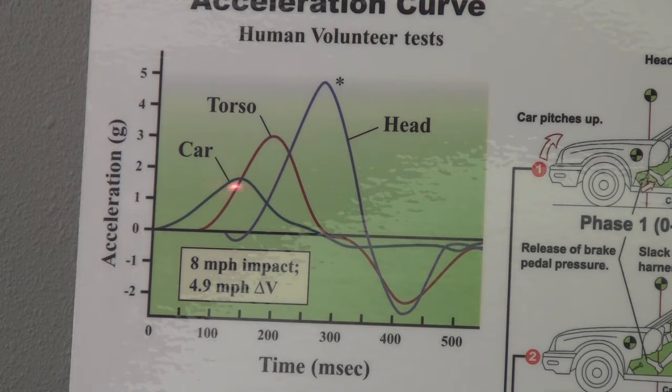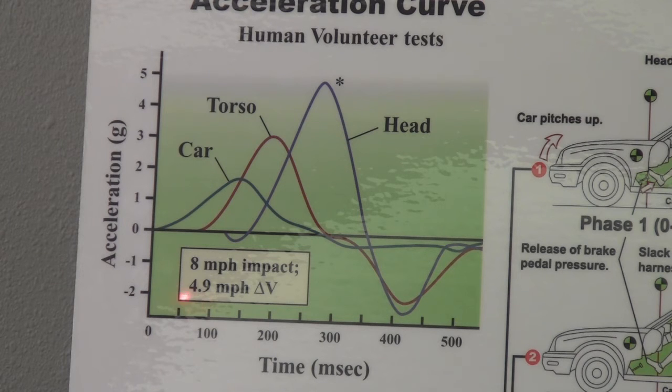And so if we look at this acceleration chart, once there's the impact on the car, at first the car accelerates, but the body's just being pushed against the car, which is going against the body's torso. Then the torso starts to catch up with the car, which multiplies that force by 2. And then the head and the neck try to catch up in that last 100 milliseconds to the body and to the car because it's attached, and they actually find that the force exerted on the neck and the head at the end of the impact is 2.5 times the force that's exerted on the car.